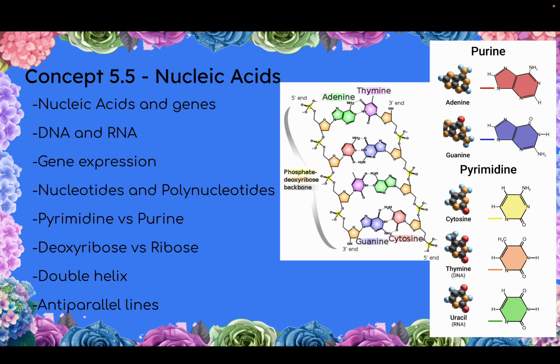We're not going to delve into specifics here, but it's a process called gene expression. RNA copies the DNA in a process called transcription, and then another type of RNA reads whatever RNA copied from the DNA in a process called translation, and that tells it how to make an amino acid structure. That entire process is called gene expression.